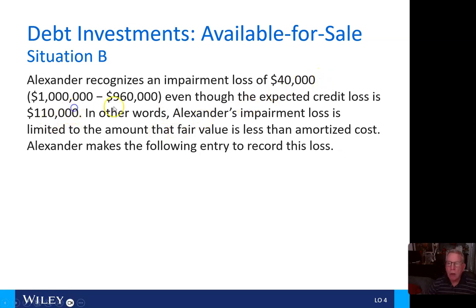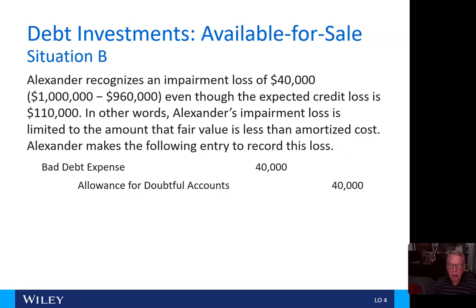That's the $1 million less the $960,000, even though the expected credit loss is $110,000. In other words, Alexander's impairment loss is limited to the amount that the fair value is less than the amortized cost. So Alexander now is going to make the following journal entry where it debits bad debt expense and credits the allowance for doubtful accounts for $40,000.